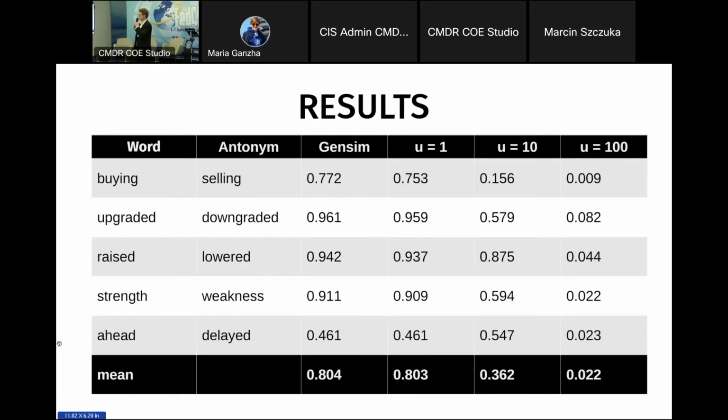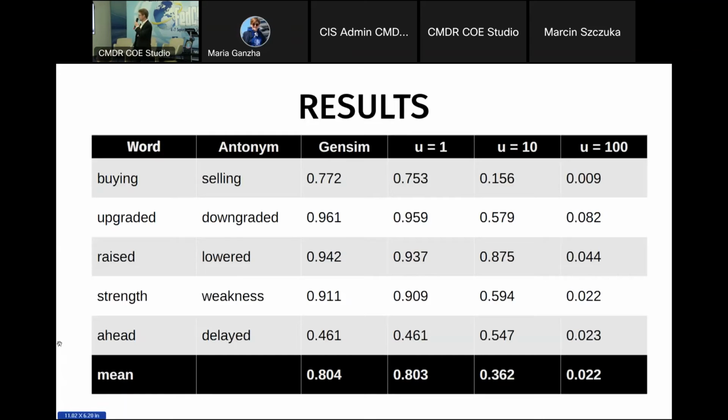And the first column, the GenSim column, shows the cosine similarity of the embeddings between the 2 words with GenSim. Then I took my model and tried using different values of U, the weight that describes the importance of the document label.